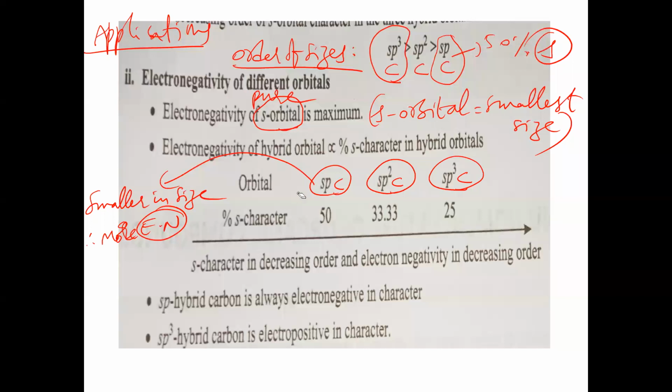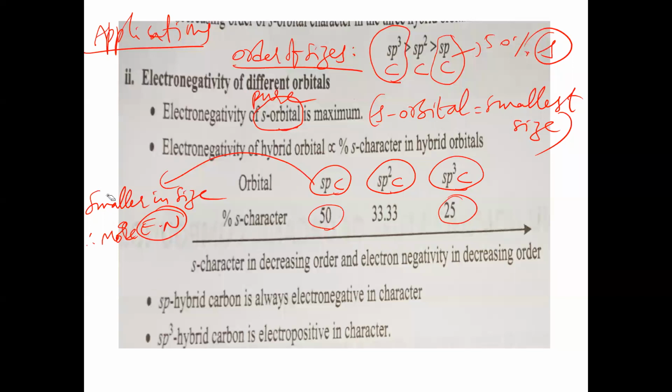From sp carbon to sp3 carbon, the s character is decreasing from 50% to 25%, and electronegativity decreases because of the decrease in s character. When s character decreases, electronegativity also decreases. Keep that point in mind.